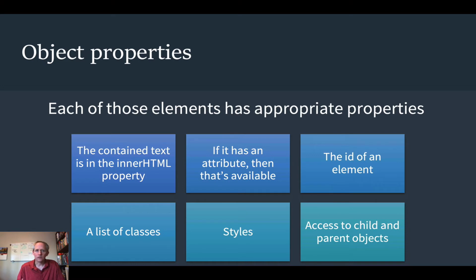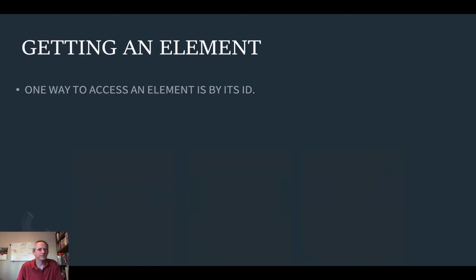Any attribute you've added to it is available to you: an ID, a class, custom attributes, whatever you've set, the href or the source for an A or an image, the ID of an element, list of classes, the styles that are associated with it in respect to CSS, and you can access child and parent objects through that object tree. So the document object model gives us really good programming control over the things on our page.